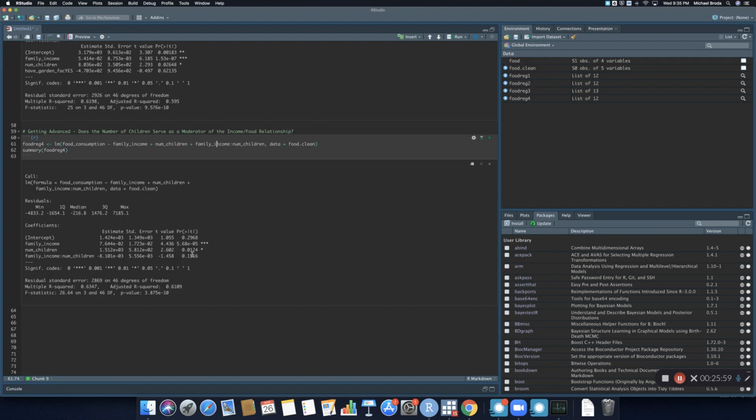Now, the key when you test an interaction effect, and this comes up in the article by Lauren Schutte, I'm not actually sure how to pronounce her last name, a scholar at UT Austin.